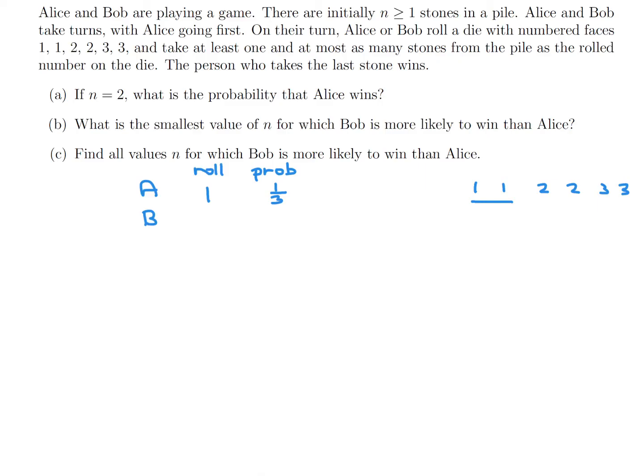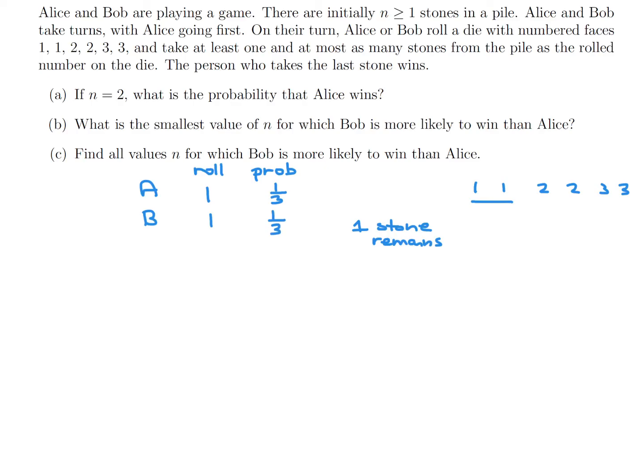And then if the next roll, since she rolled a 1, she removes 1 stone. So then 1 stone remaining here. And if Bob rolls a 1, he can then remove that 1 stone and win. So the probability of him getting a 1 is, again, 1 over 3.